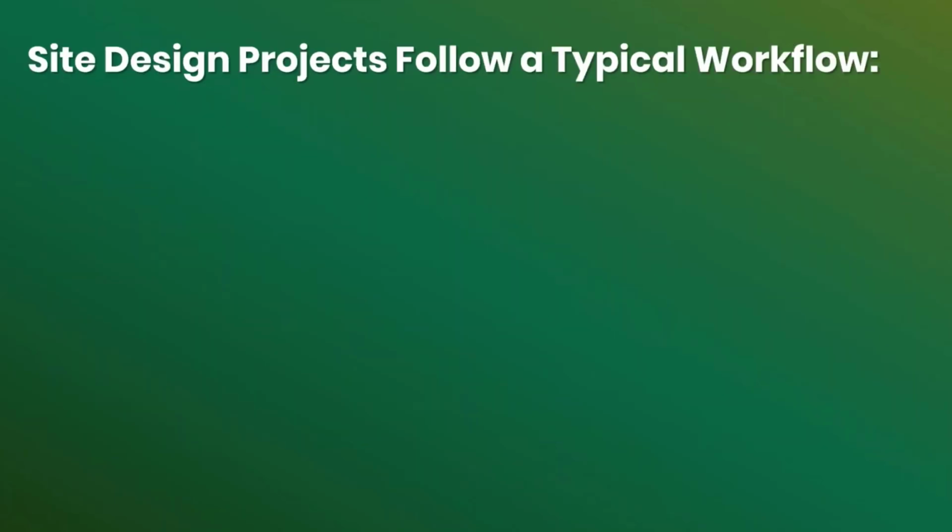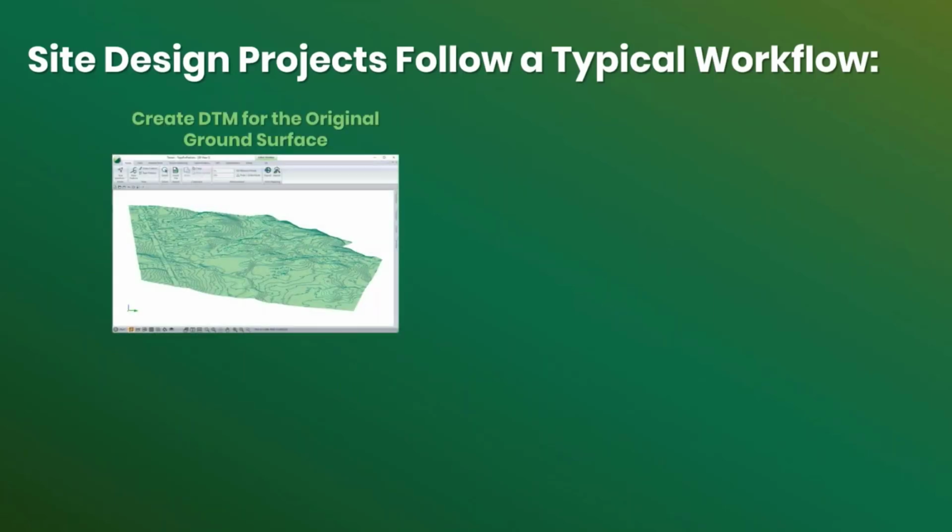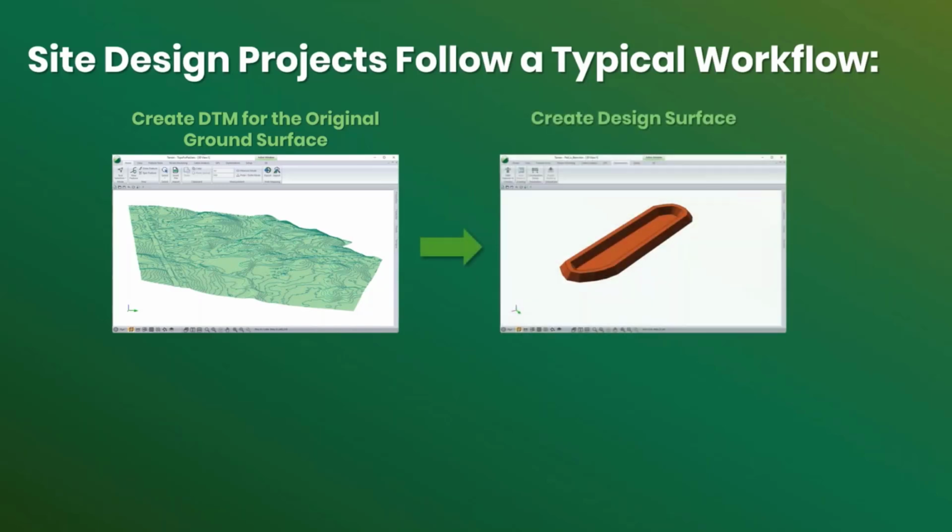As I was saying, there is a typical workflow for these projects. For site design, first off, we're in the terrain module. The very first step is importing your survey data and creating a digital terrain model for that original ground surface. So this is terrain file number 1. Then in a second terrain file, this is where we're going to create our design surface.